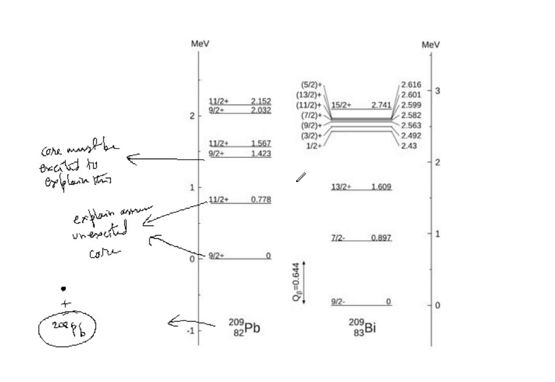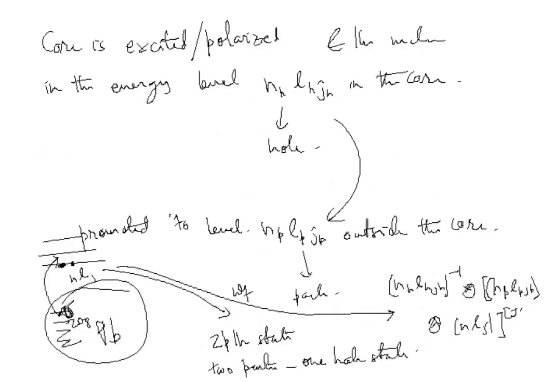You see, you should work this out yourself, how you can explain this thing, but also you should remember that it is also possible that sometimes instead of just one particle over here, what can happen is that from the core one particular pair goes out over here and it can couple with the existing nucleon state.